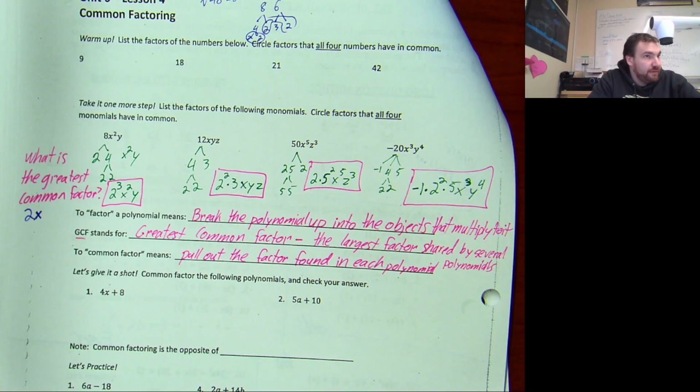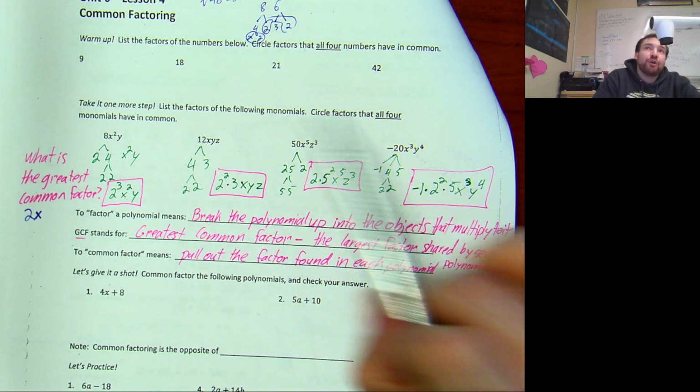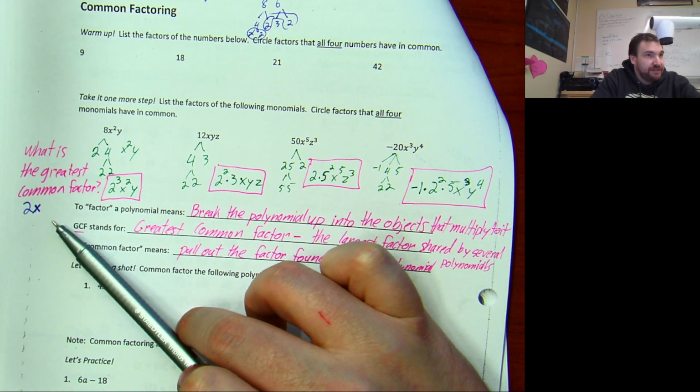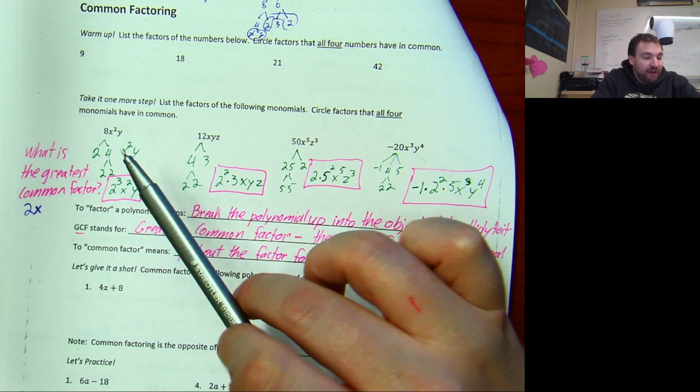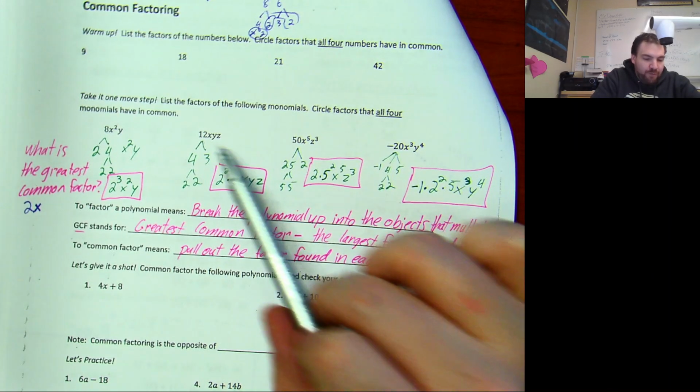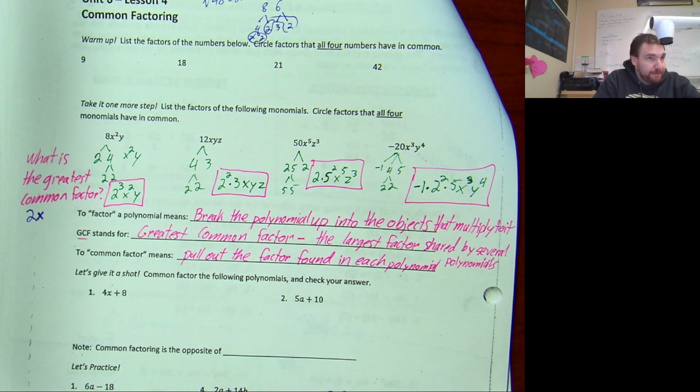No. Carolyn says no. Are we satisfied with what Carolyn said? There's nothing else shared between all 4. So the greatest common factor of these 4 terms is 2x, because that is the largest thing that I can pull out of, or factor out of, these 4 mathematical objects.